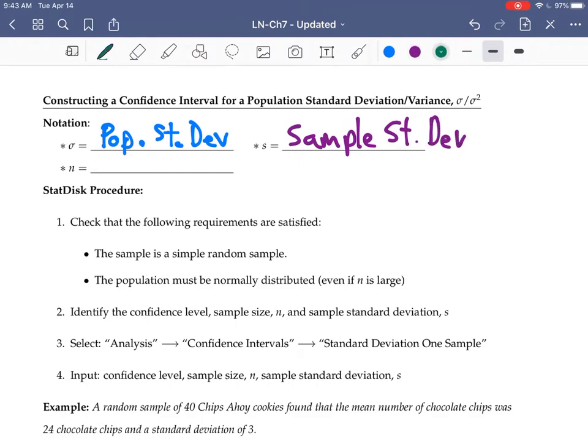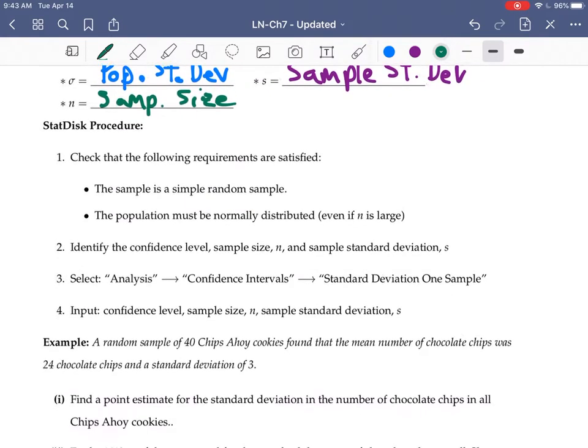That value of N is our sample size. And those are the pieces of information that we need. You might have S squared given to you, that is just your sample variance, or sigma squared, that is your population variance.